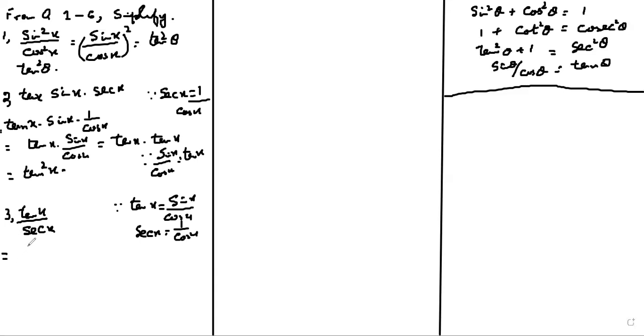So tangent x is sine x over cosine x, divided by secant x.